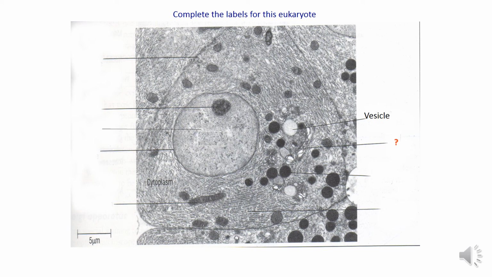It's a vesicle. Now for this next one, this vesicle has originated from this particular structure. So the organelle we're looking at there is the Golgi body, or the Golgi apparatus. Clue here, very dark staining organelles.